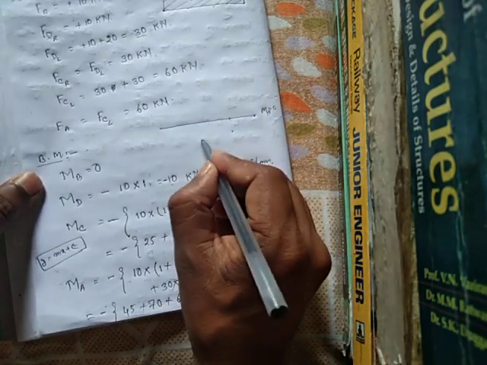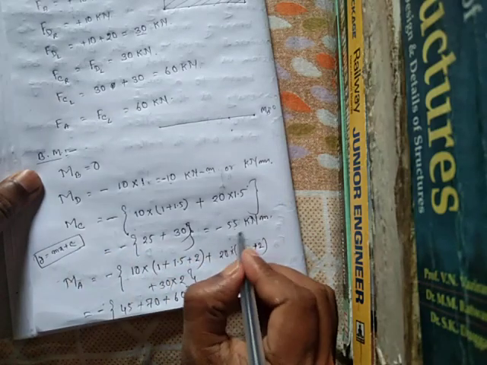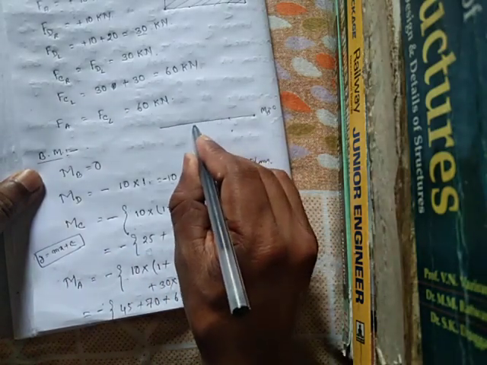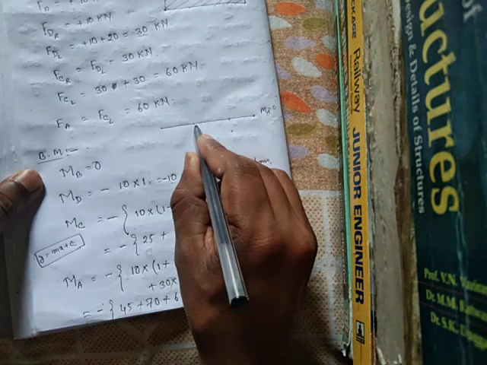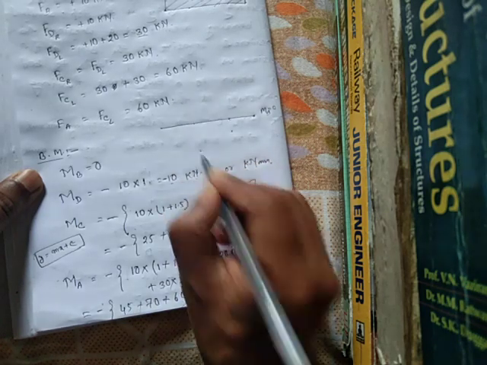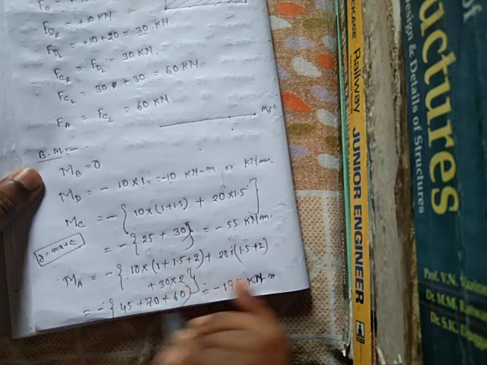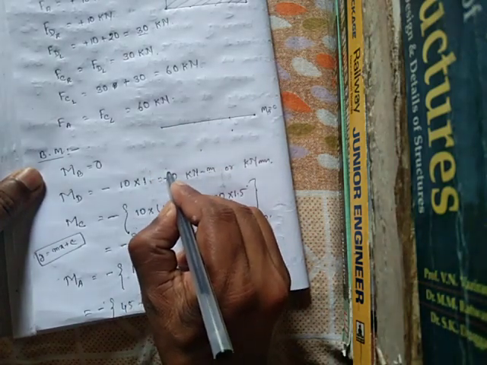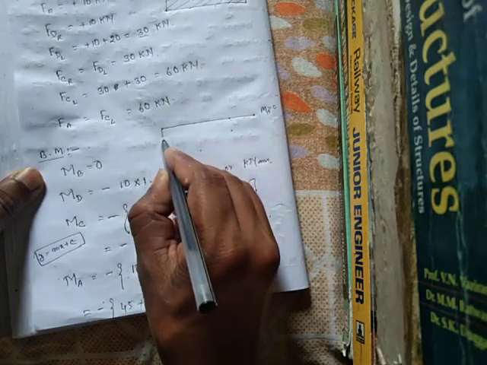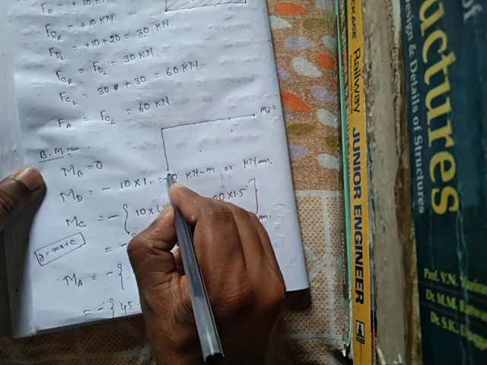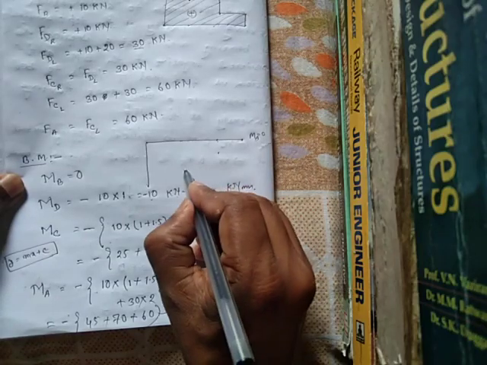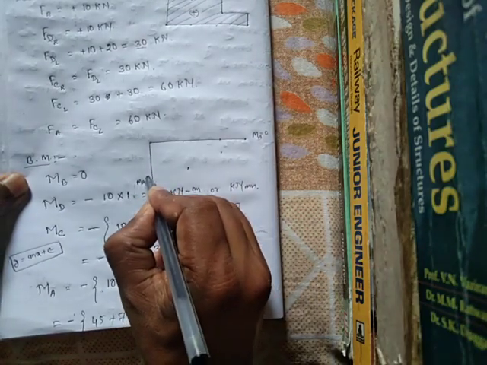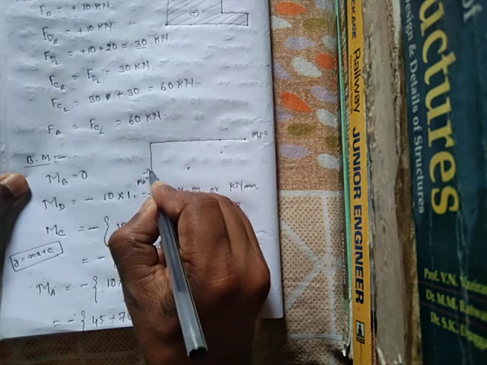Bending moment at point C is equal to minus 55, consider point C here. Bending moment at point A is equal to minus 175.